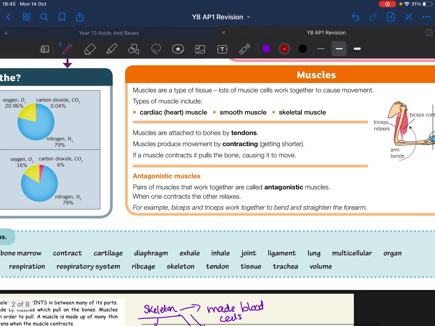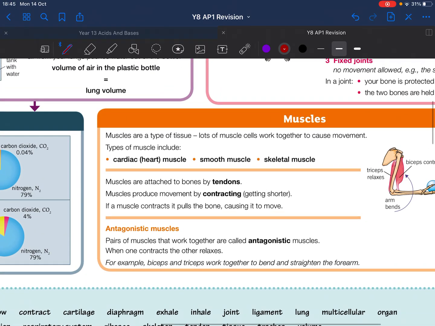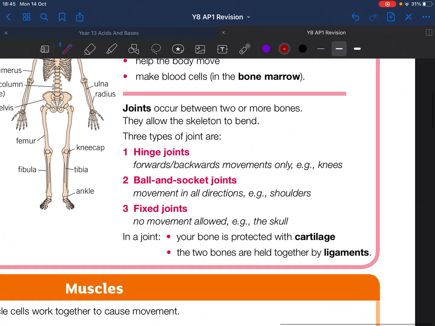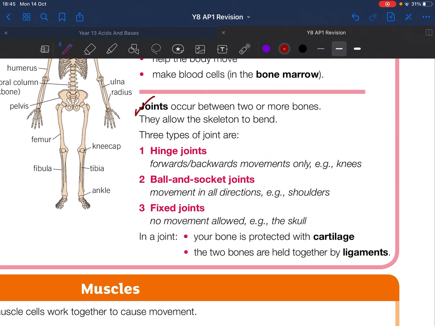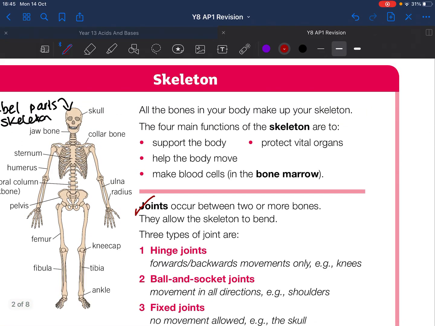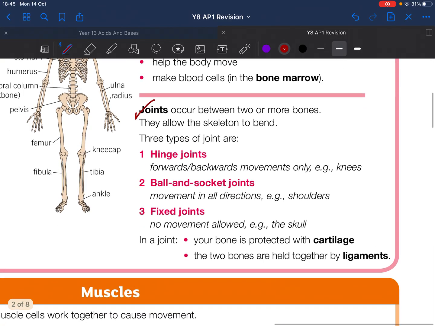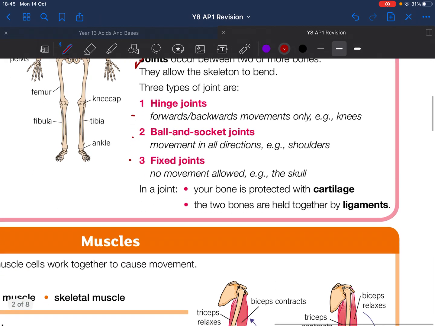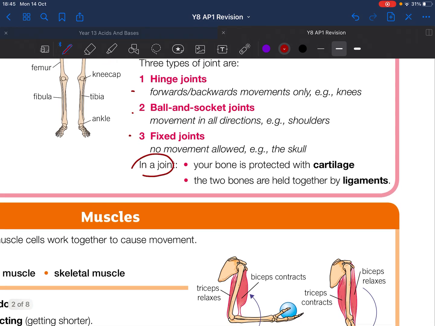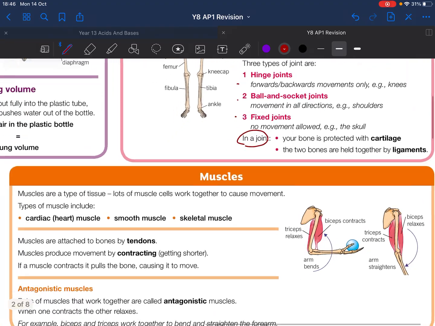This is repeated here in your knowledge organizer. So we've talked about the joints, tick. We've talked about the skeleton, what it does, how it protects. We've talked about the 3 types of joints here, here and here. And then we've looked at what we have in an actual joint.